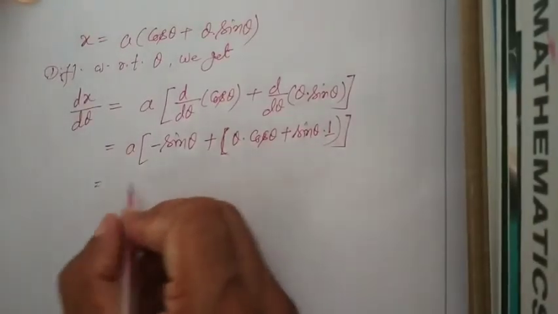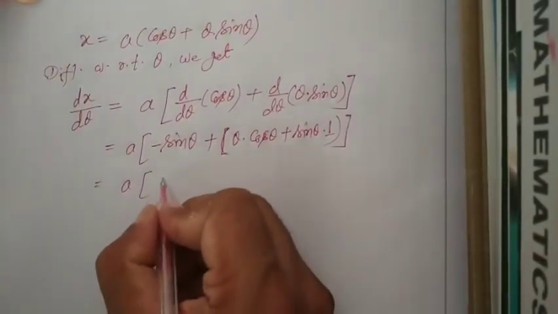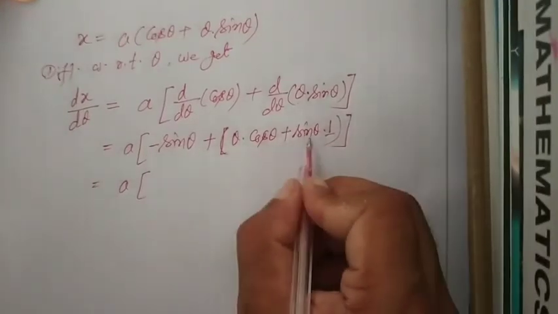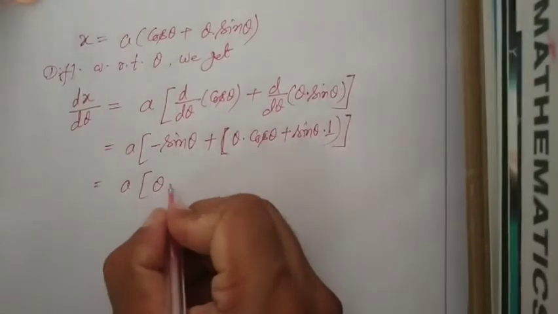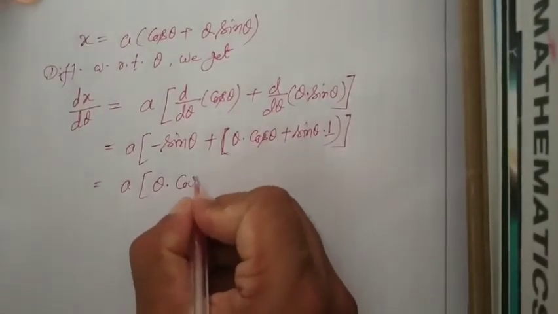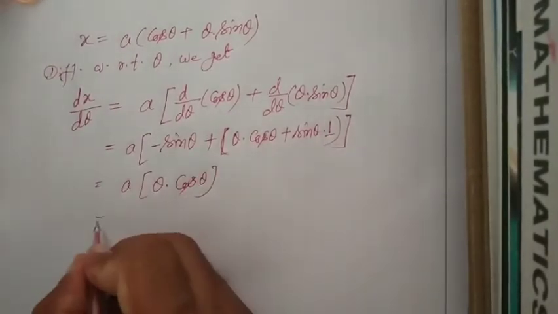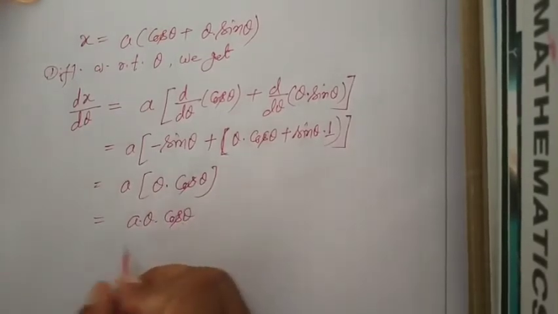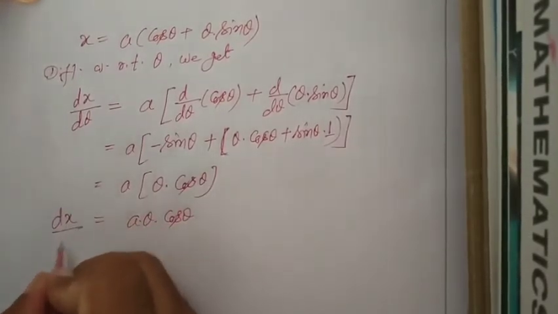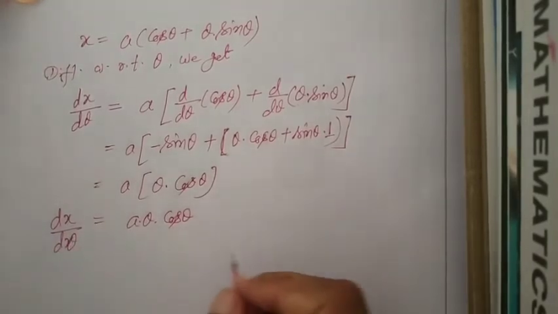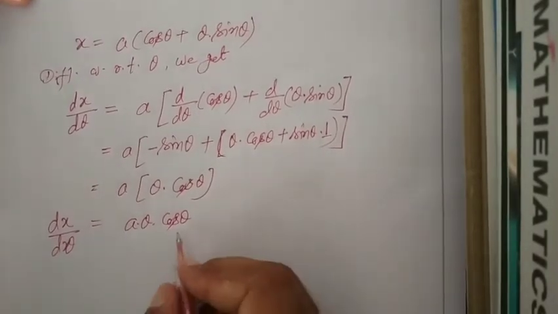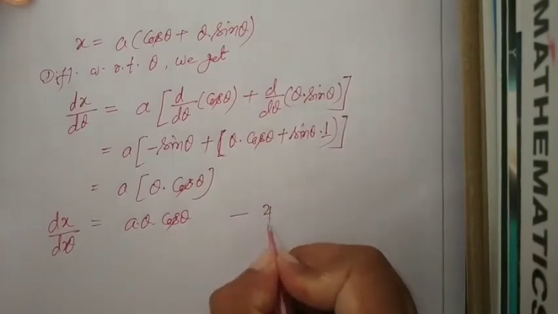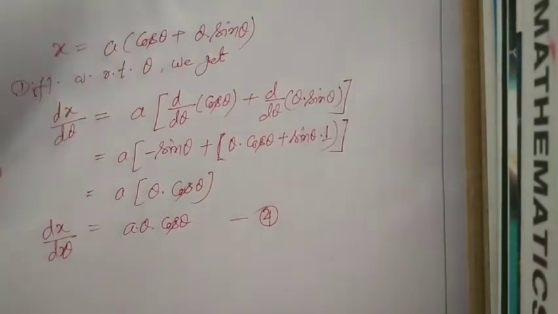After simplification, this minus sine theta cancels with this sine theta after opening the bracket, so you are left with only theta times cos theta. Finally we get a theta cos theta as the result of dx by d theta. So this is the second equation, we can say equation fourth, because third is the previous one.